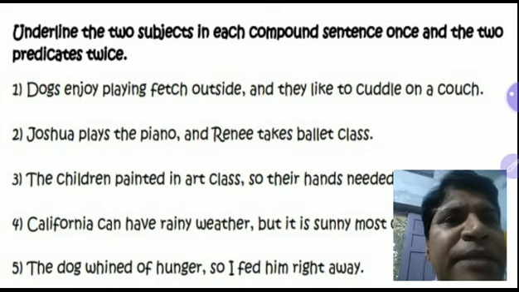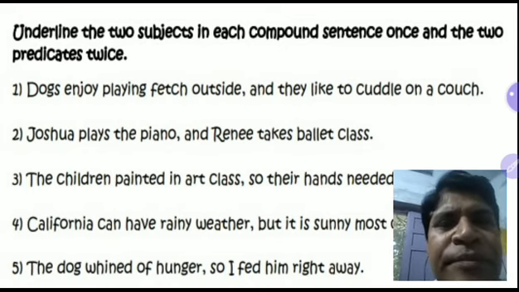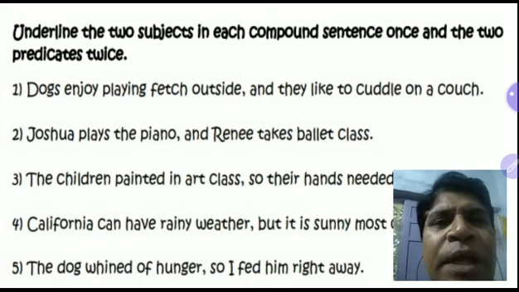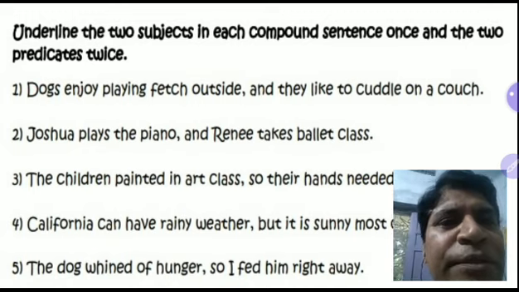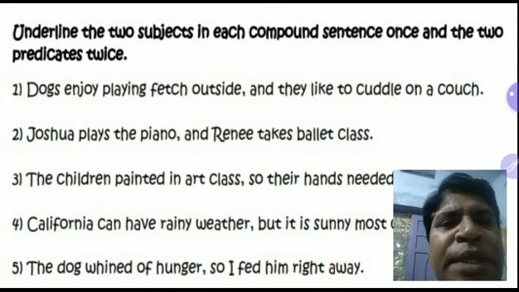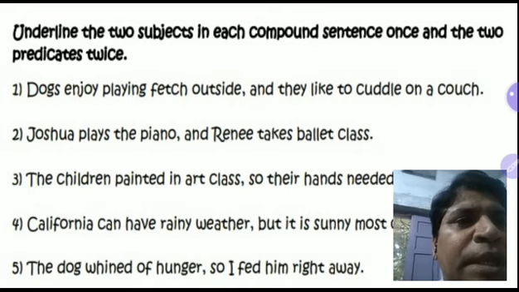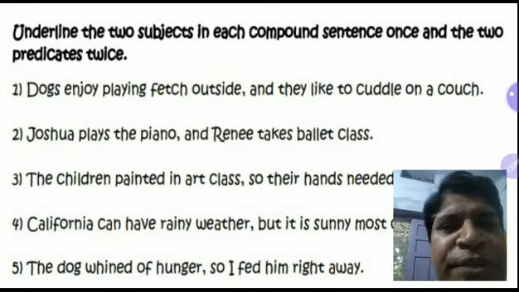And the predicates in both these clauses are enjoy playing fetch outside, and like to cuddle on a couch. Here you have to remember, enjoy playing fetch outside, underline twice. Like to cuddle on a couch, here also you have to underline twice.